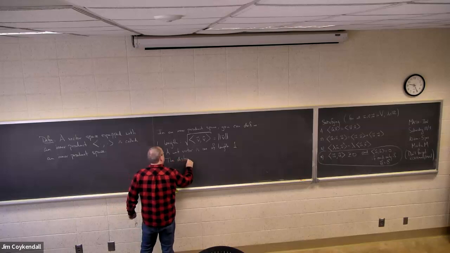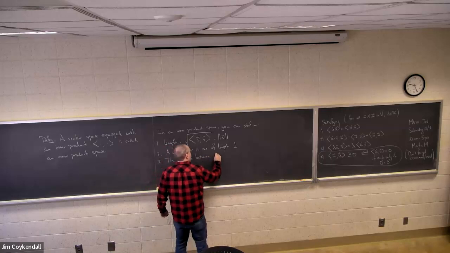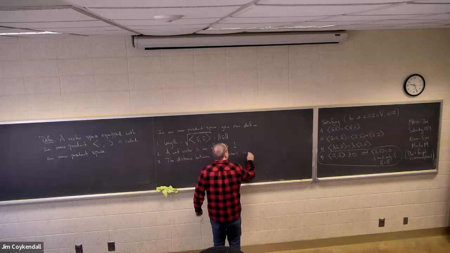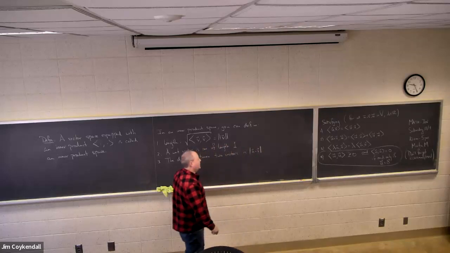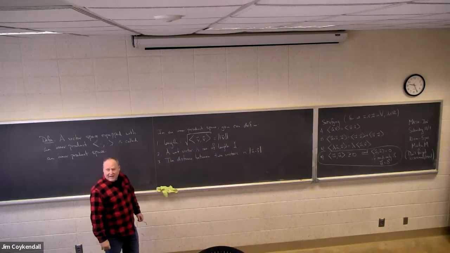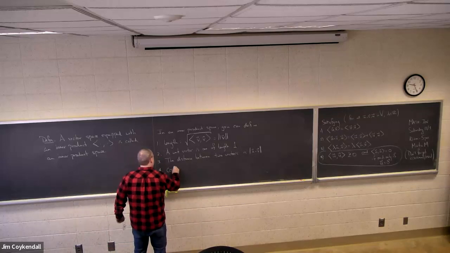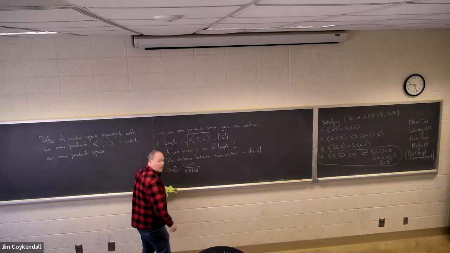The distance between two vectors is the length of u minus v. We can define the angle between two vectors using the inner product.